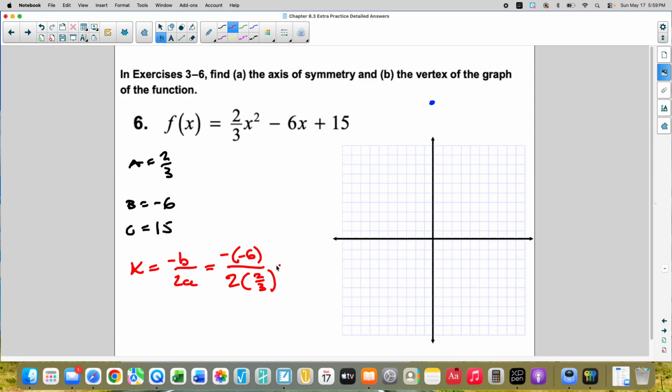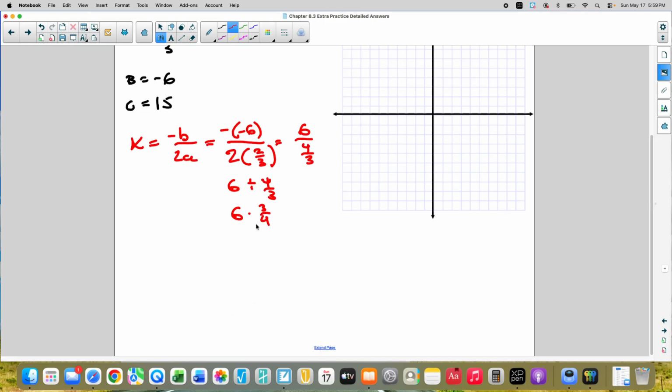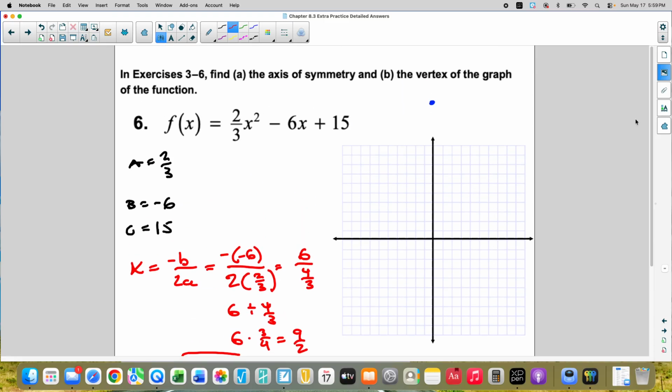Yuck. Which equals 6 over 4/3, which equals 6 times 3/4, which is still going to be ugly, which gives us 9 halves. So my axis is 9 halves, and that is going to be 4.5.